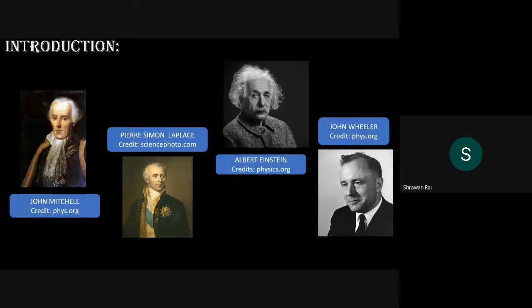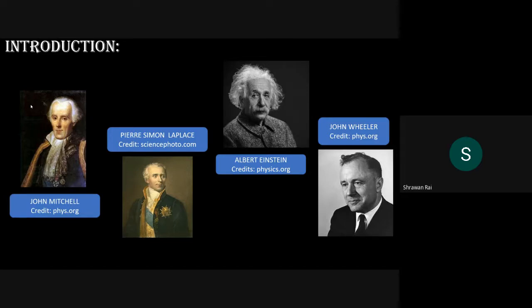The idea of black hole was first suggested in the late 1790s by John Mitchell of England and Pierre-Simon Laplace of France. They both proposed the idea of the existence of an invisible star by applying Newton's first law.